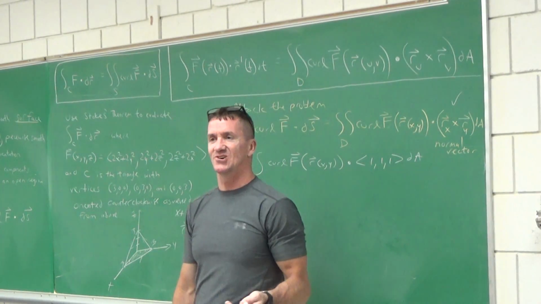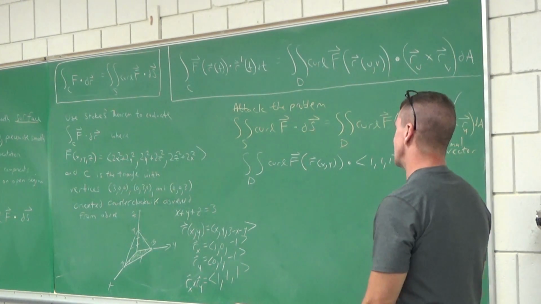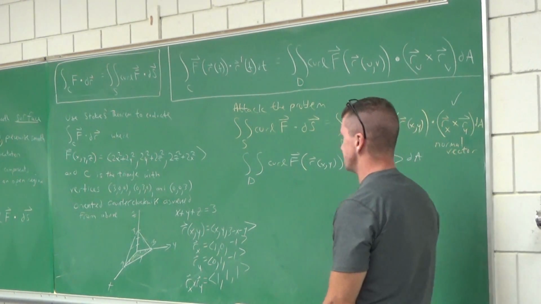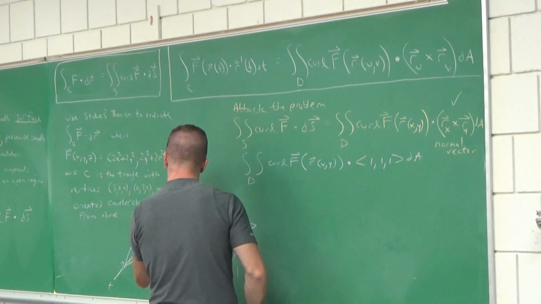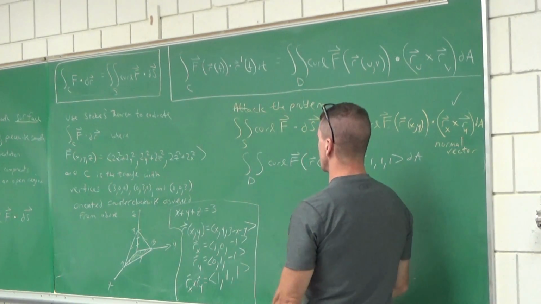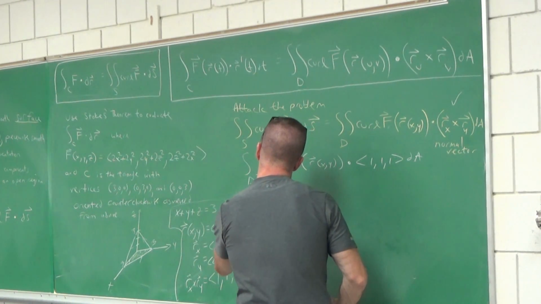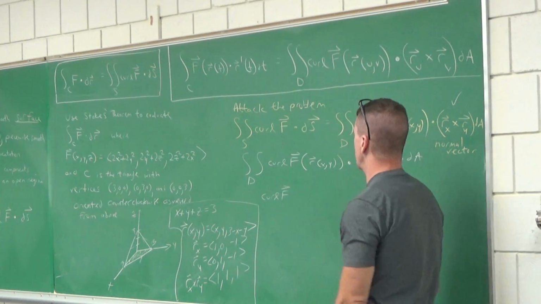Do you remember how to get the curl? We did all this. We parameterized the plane. What's the curl? Then we can work out this double integral.